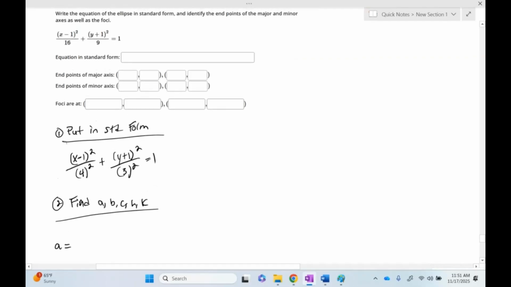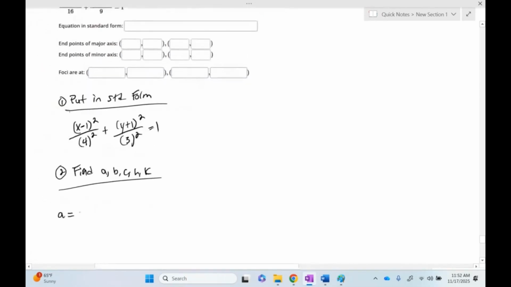If we go back to our standard form, we're looking for the largest denominator, so that's 4. So A is going to equal 4. B, in this case, is going to equal 3. Remember, these are from the model form.